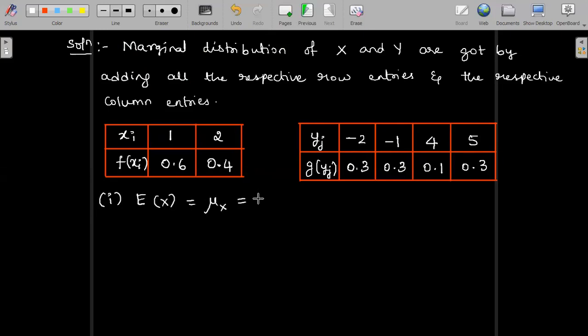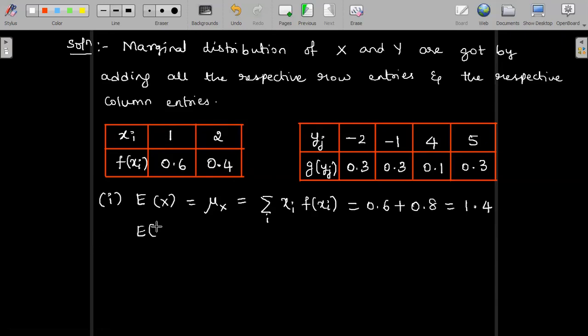The formula is summation over i of xi into f of xi. So every xi should be multiplied by its probability and summed up. 1 into 0.6 is 0.6, plus 2 into 0.4 is 0.8, and that gives us the answer 1.4.